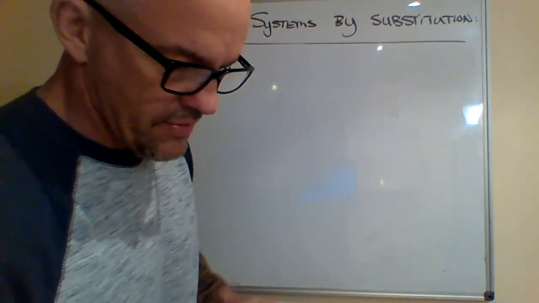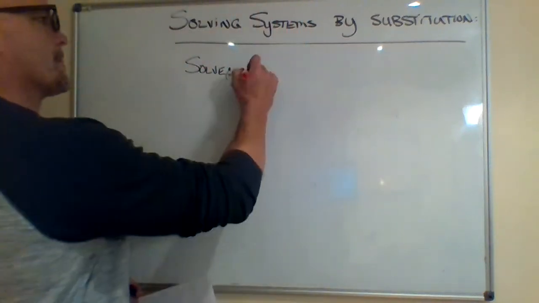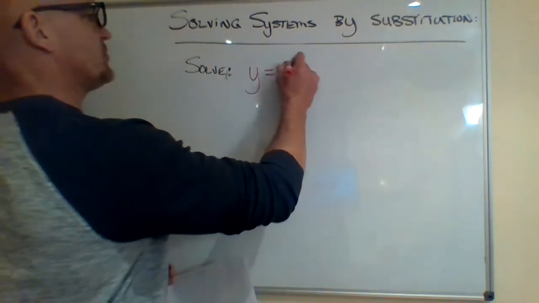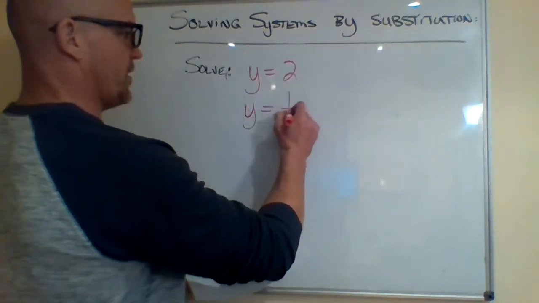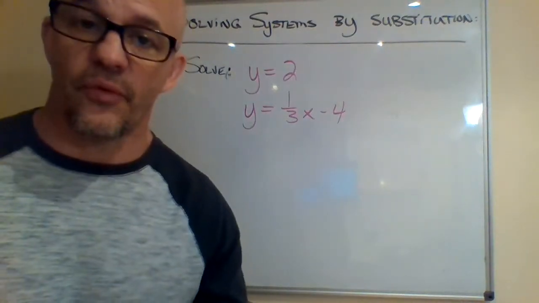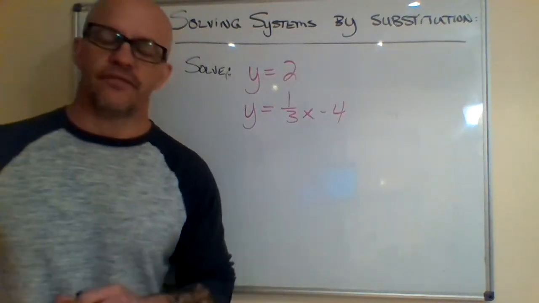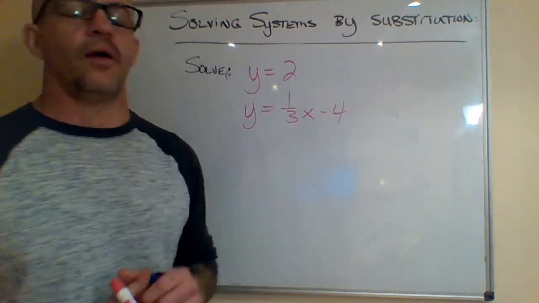We have y equals 2 and y equals 1/3 x minus 4. Same process that you did before. Pause the video, give it a try, and after you do it, unpause the video, and we'll do it.